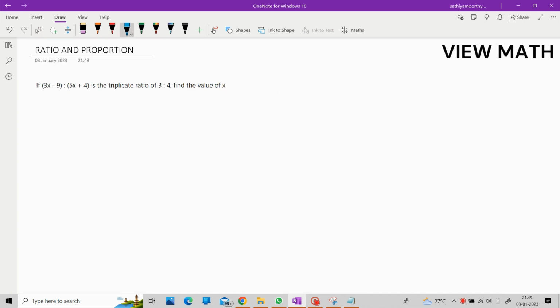If (3x minus 9) : (5x plus 4) is the triplicate ratio of 3 : 4, find the value of x. So we know the triplicate ratio of A : B is A cube : B cube.